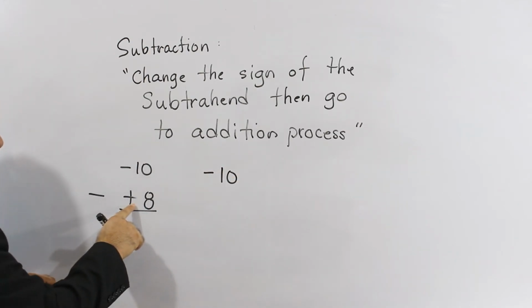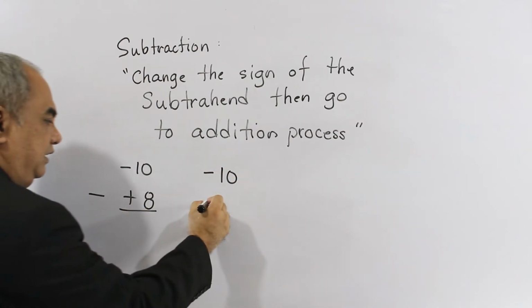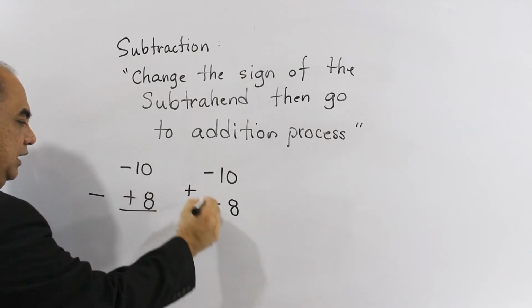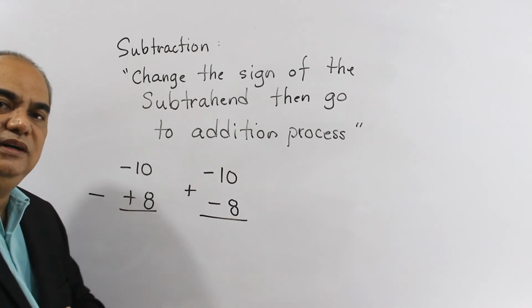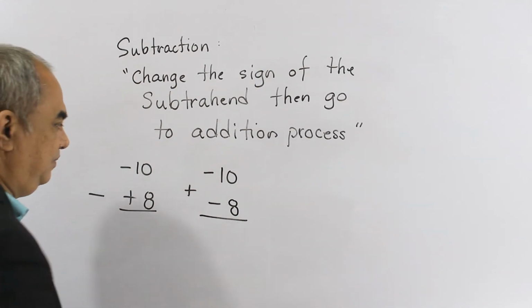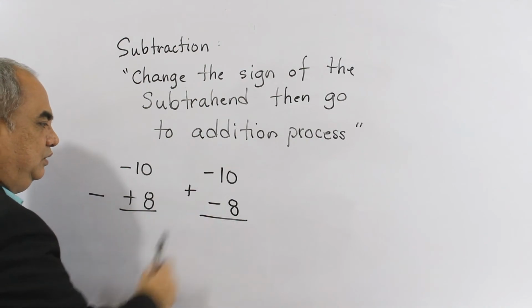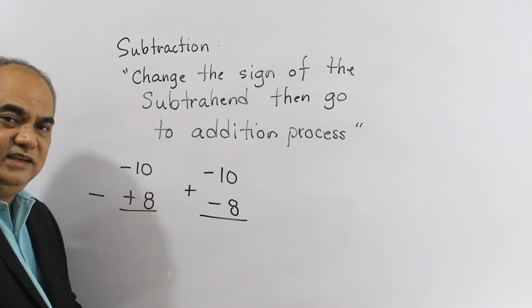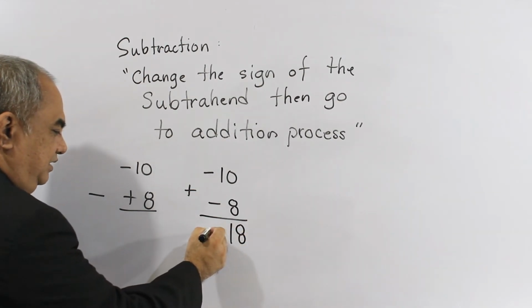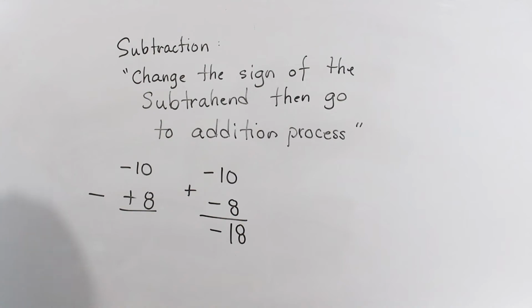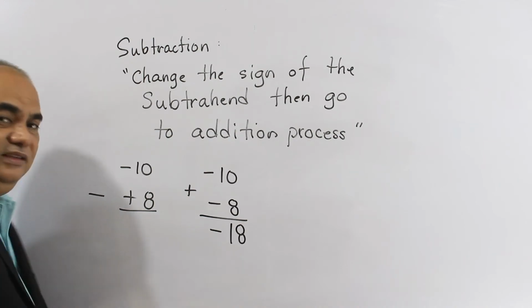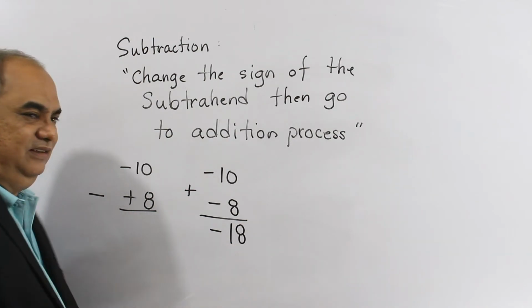But here, we change the sign of positive 8 to negative 8, and we change the operation from subtraction to addition. So whatever knowledge we got from our previous discussion, we're going to apply it here. Now we can say that the two addends have a like sign. So we add them, 10 plus 8 will give you 18, and then bring down the sign. So the difference of negative 10 and positive 8 is negative 18.